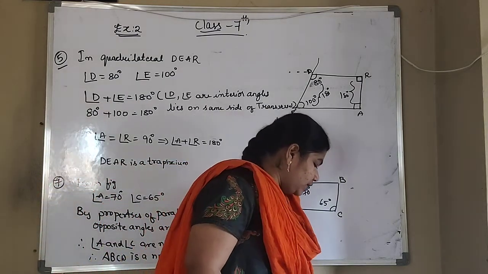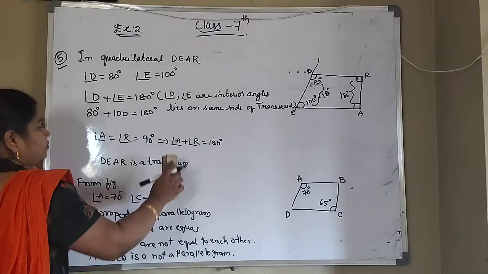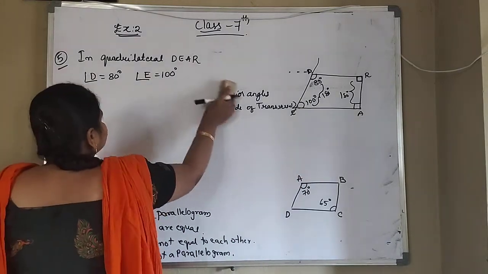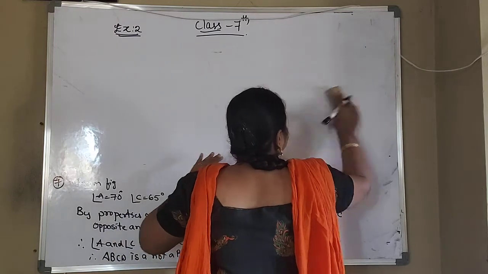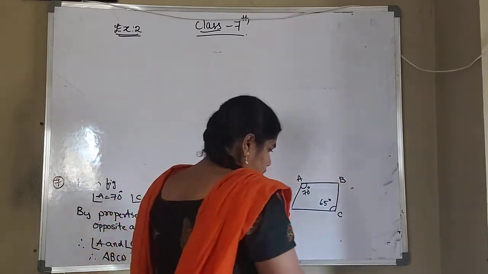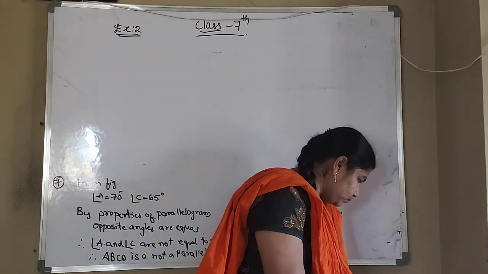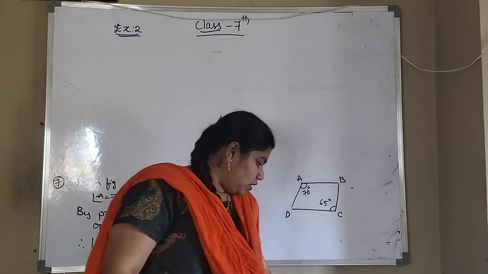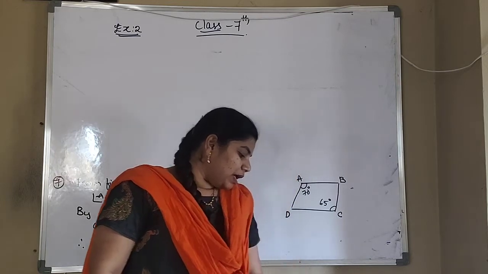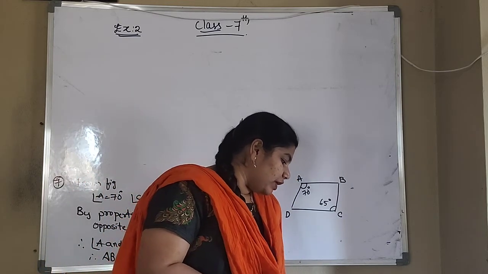Okay, so next one is the 8th one. So what is the 8th one? Two adjacent sides of a parallelogram are in ratio 5:3.